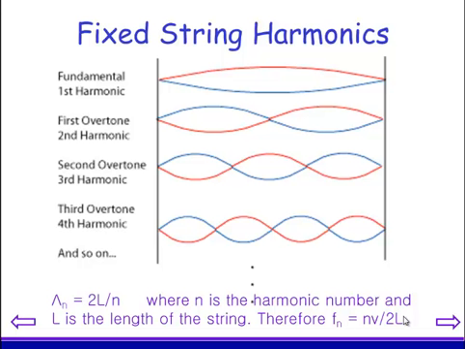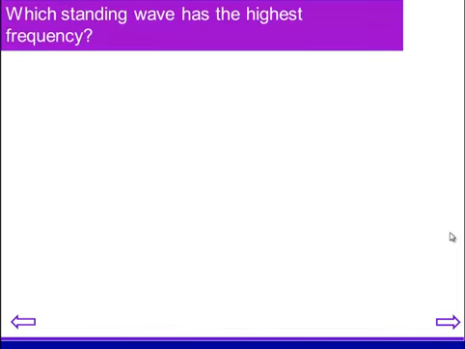So there's a pattern there which is useful to be able to solve problems and understand the different situations. Now, if we think about a guitar string, what you crucially normally hear is the first harmonic, and then the subtleties in the sound come from the second and the third and the fourth harmonic existing when you pluck the string. So that's the patterns on a fixed string.